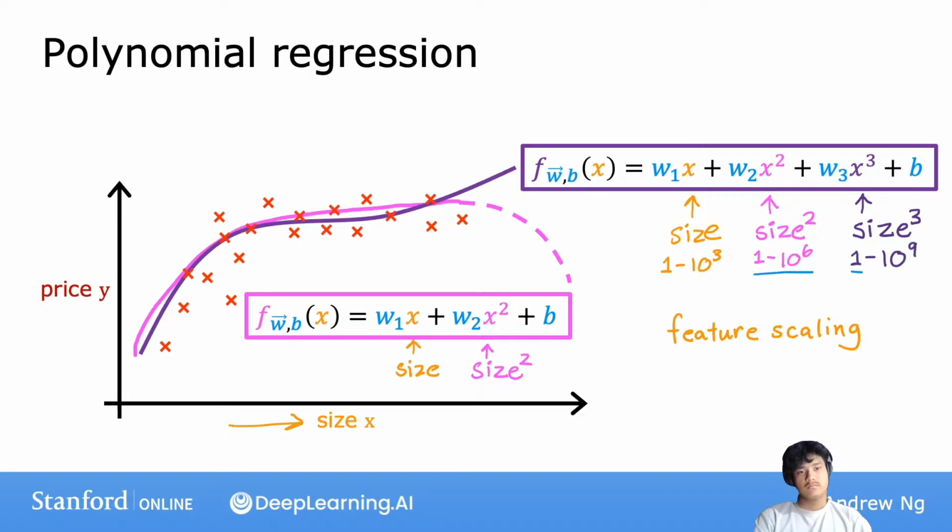So these two features, x squared and x cubed, take on very different ranges of values compared to the original feature x. And if you're using gradient descent, it is important to apply feature scaling to get your features into comparable ranges of values.